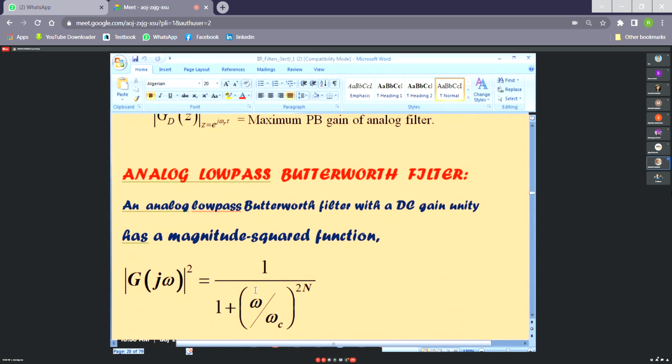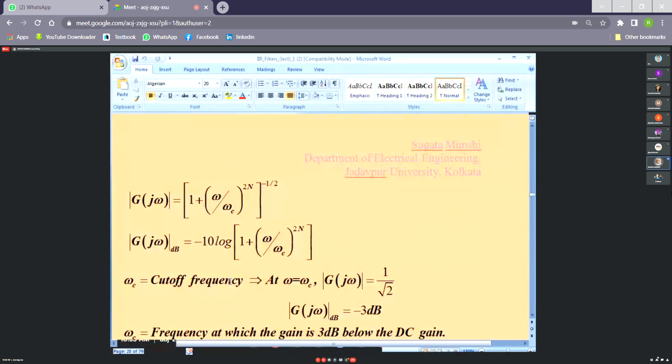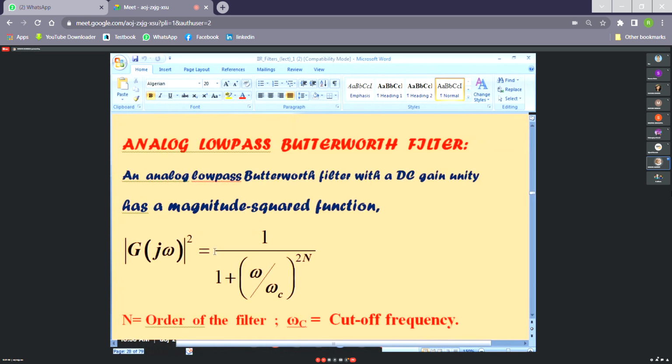That means if you have any other Butterworth filter with some DC gain that is not equal to 1, in the expression for the magnitude response function, you have to simply consider that factor. So if, suppose, the DC gain is 30, then you have to introduce 30 squared in the numerator. That's as simple as that.